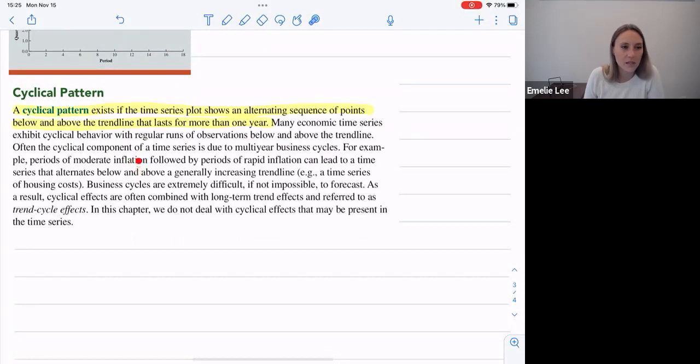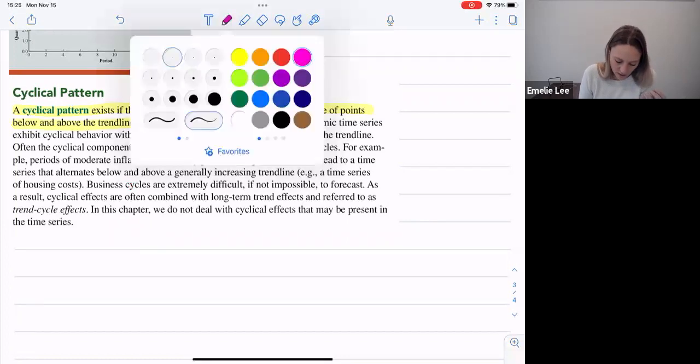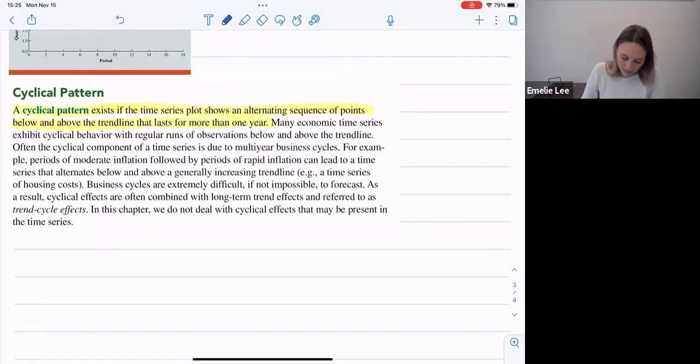I have this in here for you to have a better understanding, but this is important: we're not going to talk about cyclical effects. It goes beyond the scope of this course, so in this chapter we're not going to deal with it.